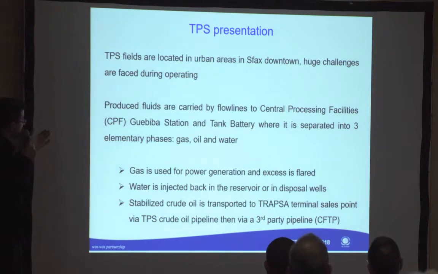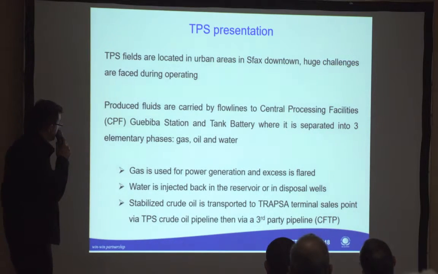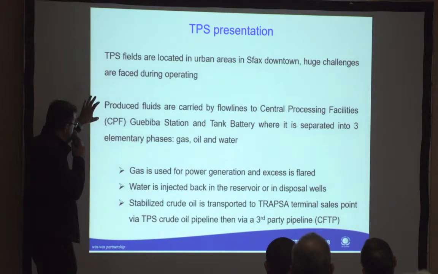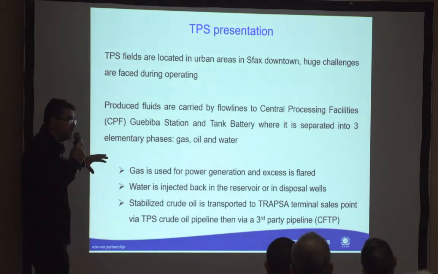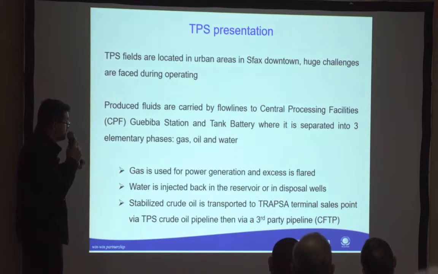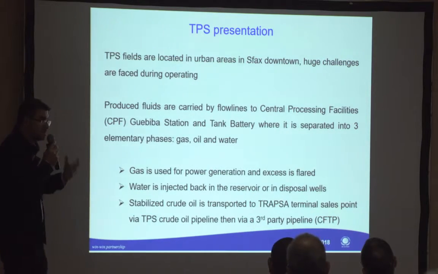Since we have not a lot of time, I will not read all of what is written. Anyway, TPS activities are located in urban areas in downtown Sfax, which causes huge challenges to operate.